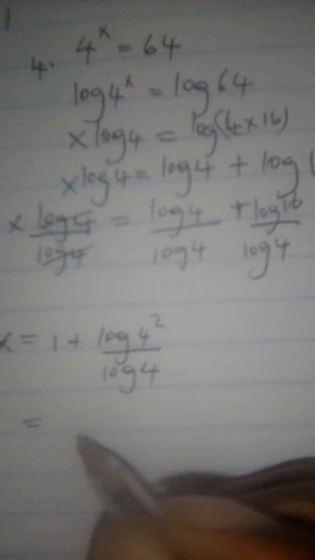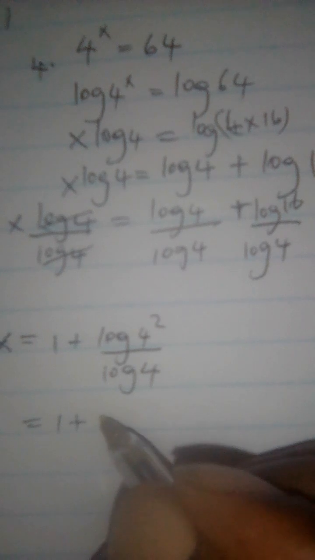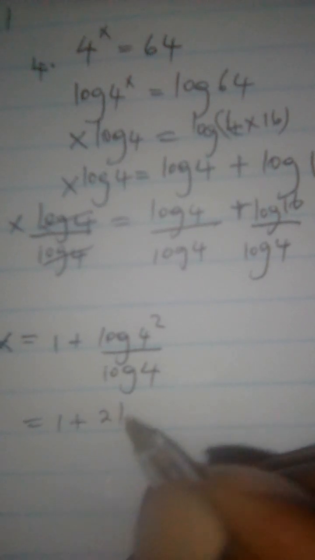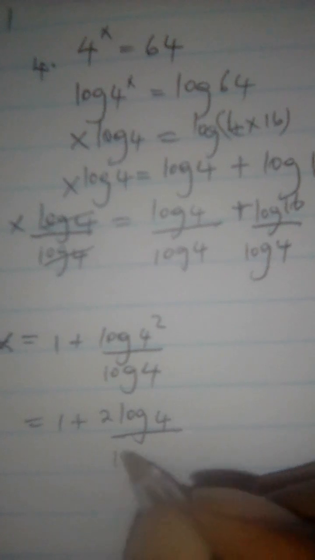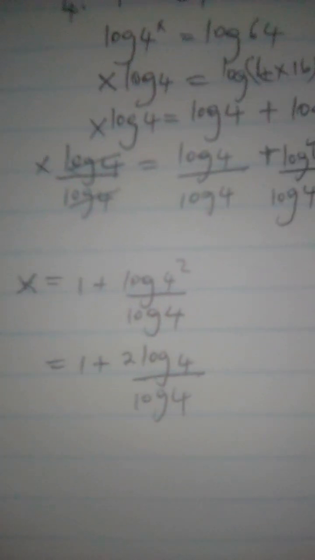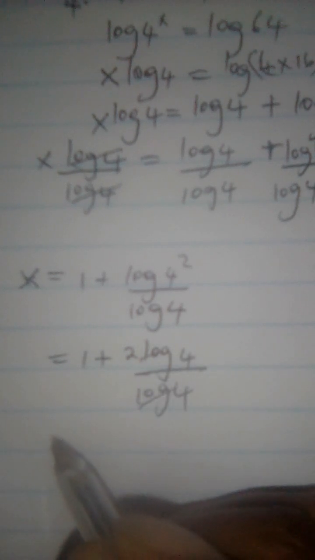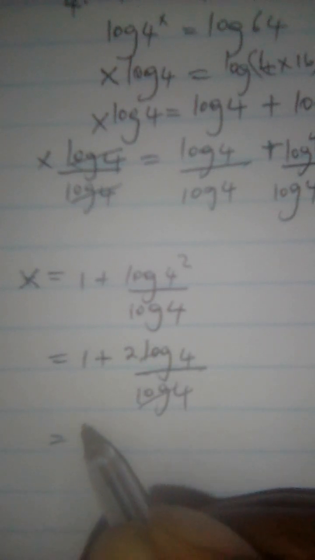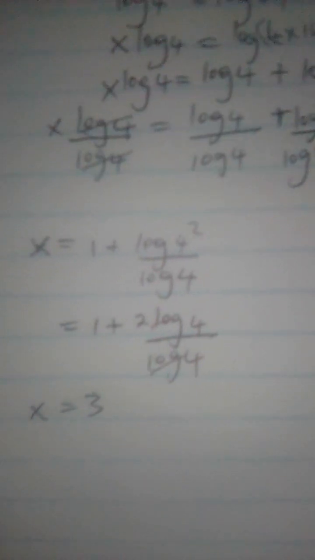The next step, 1 plus, this 2 is gonna come to the front, so we're gonna have 2 log 4 over log 4. These two are gonna cancel and my solution is gonna be x equals to 3.